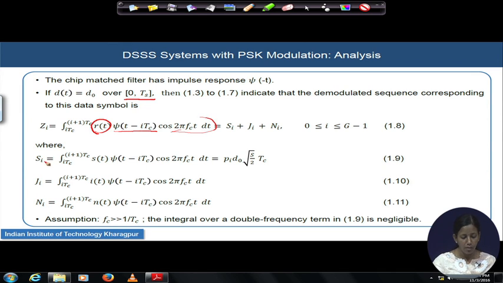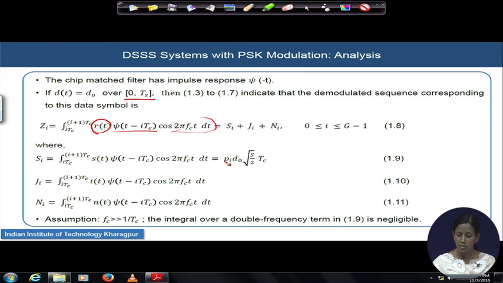Good part is, if I see inside this Si, this S(t) will now be substituted by the summation of this Pi and the D0. And remember, as we are interested only over the ith chip, there is no summation over all the Pi's.